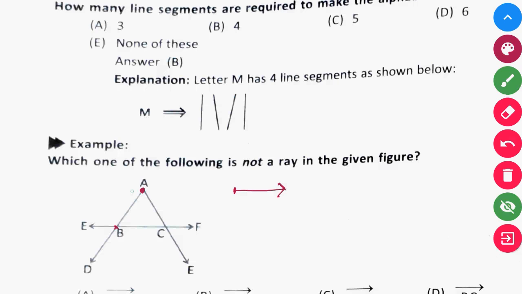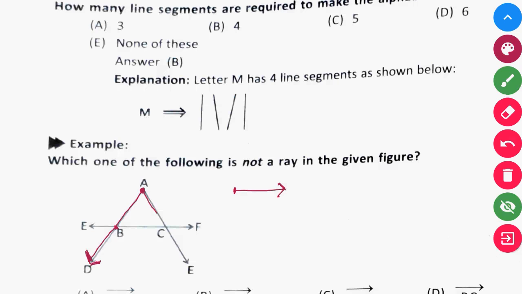So a dot is there on both ends. So AB is not a ray. AB is a line segment. So we are not going to consider AB. We consider A to D because point D is represented by an arrow and point A is represented by a point. So AD is a ray.